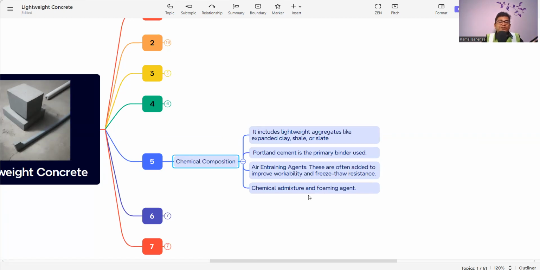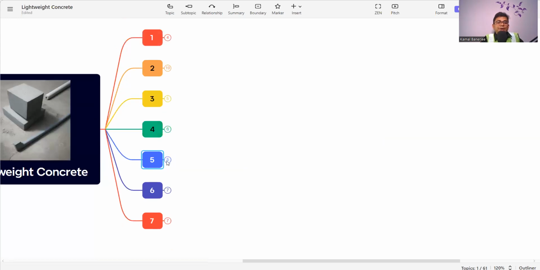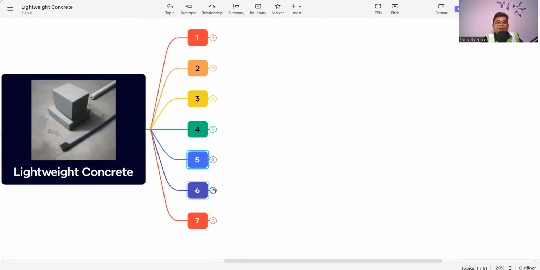To resist that freeze thaw cycle, we are entraining air inside the concrete. So in lightweight concrete also we are entraining air so that it can resist the freeze thaw cycle. And the chemical admixture and the foaming agent, whatever is required as per the production procedure. So these become the chemical composition of lightweight concrete.